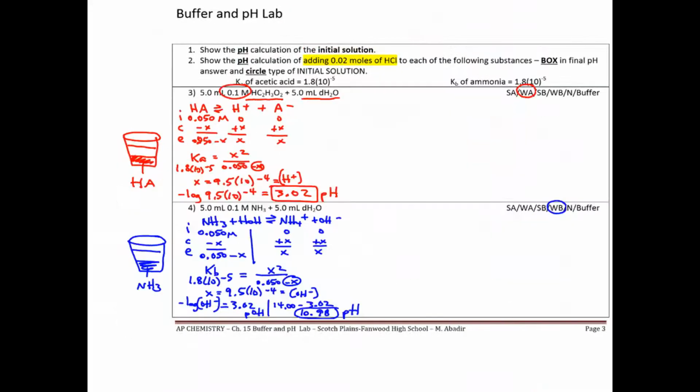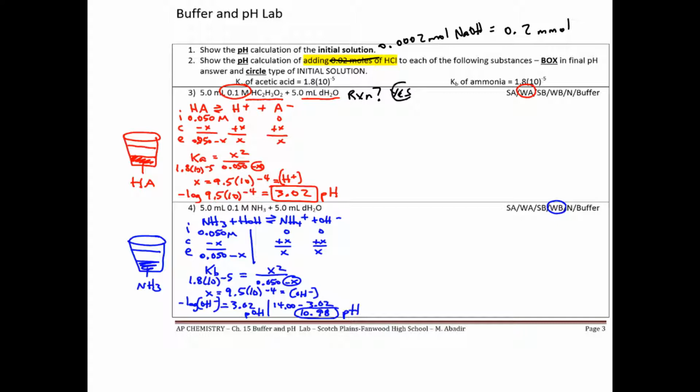Now we're going to add NaOH to acetic acid, and it's going to be 0.0002 moles of NaOH, which again equals 0.2 millimoles. So the first question, is there a reaction when you add a strong base to a weak acid?